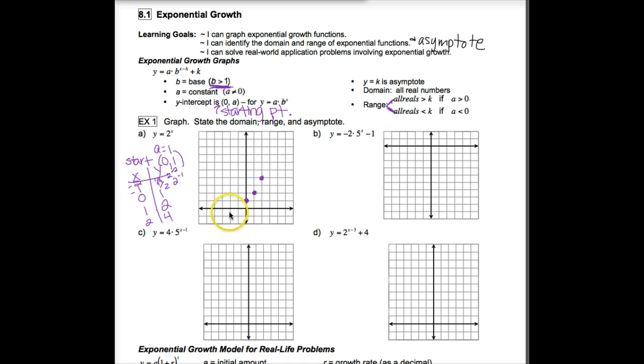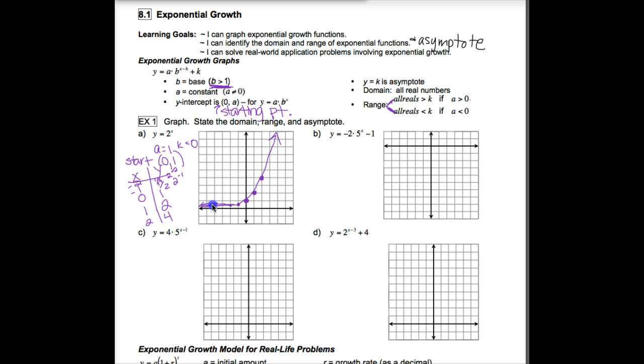So at negative 2 my y value is a quarter, and at negative 1 my y value is 1/2. So your asymptote is going to be where your k is. Here my k is 0. There is no plus or minus anything on the end. So that means my asymptote is y equals 0, or the x-axis. I did not connect that very well.